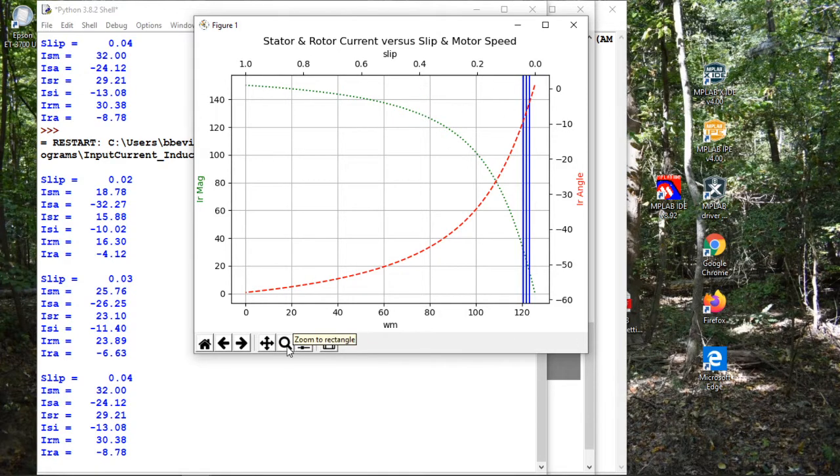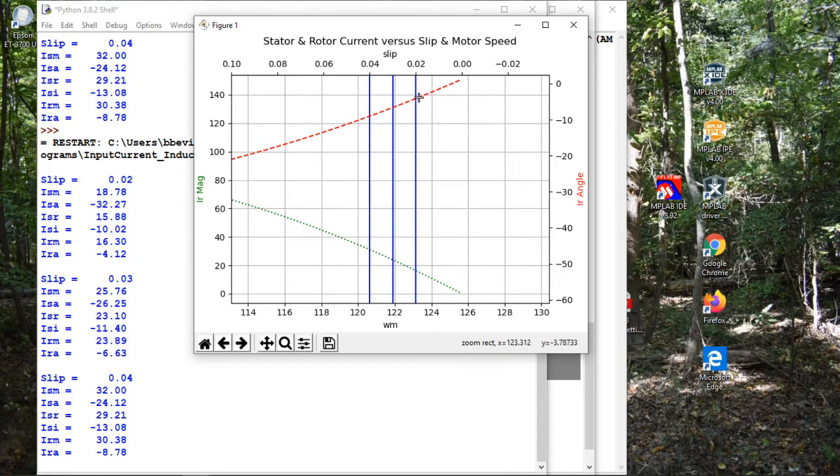Let's go in and expand it. And so here again, for a slip of 0.2, we've got about 16 amps, so it's a little less, but it's close. As we go up to a slip of 0.3, we're going up to about 23 amps, and at a slip of 0.4, we're going up to about 30 amps.